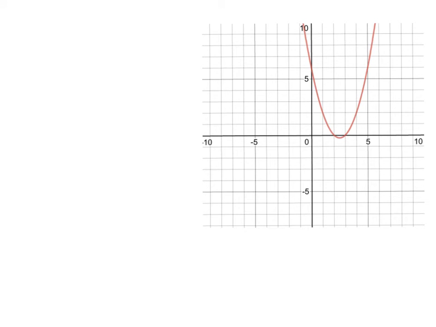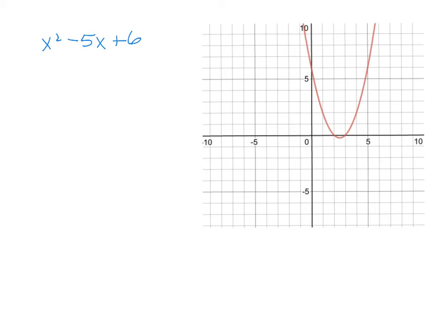All right, so here I've basically graphed a quadratic equation, and the equation in standard form is the following: x squared minus 5x plus 6.